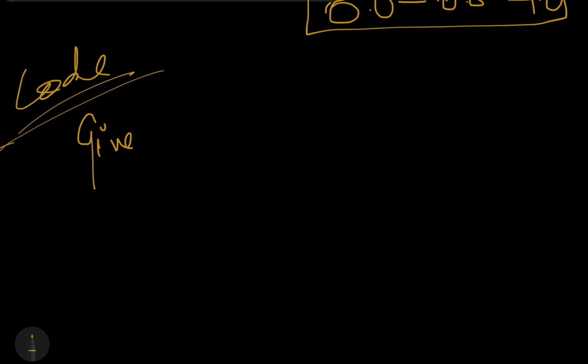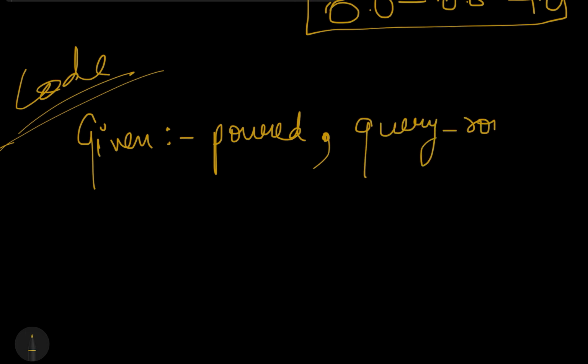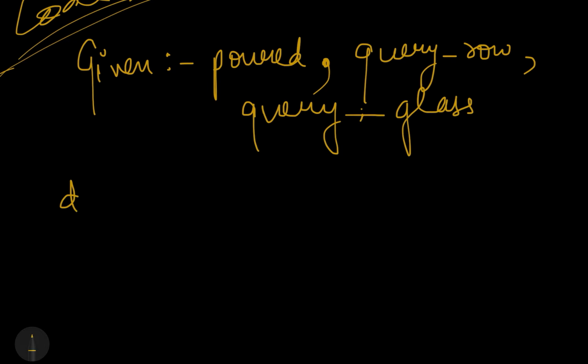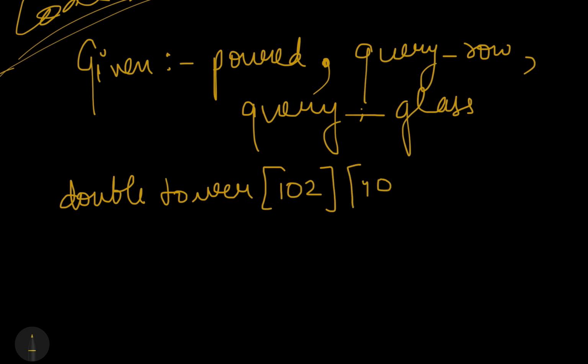What we have been given is the code, which tells how many cups of champagne are poured, then the query row and the query glass. So we'll define a double 2D array of size 102.